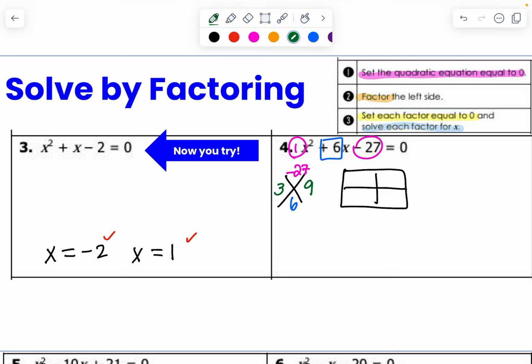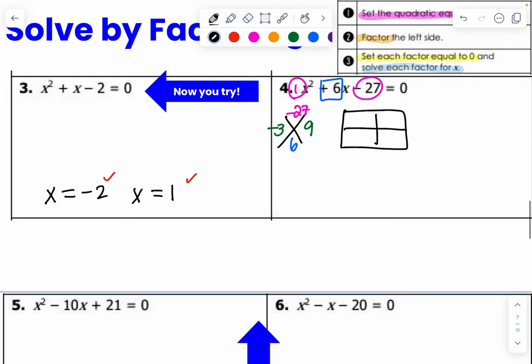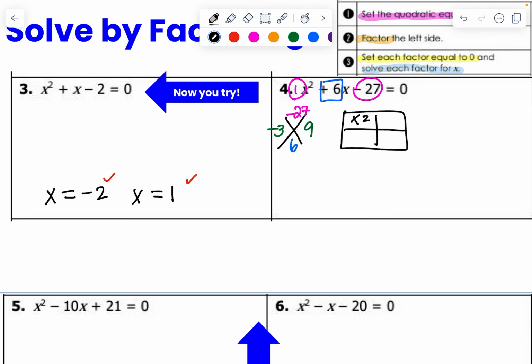Those are the only ones, like 9 take away 3 gives me 6. And hey, I also need one of the numbers to be negative because negative 3 times positive 9 is negative 27. Once I have this, I can plug in to my box x squared minus 27 and take the values that I got from my x.